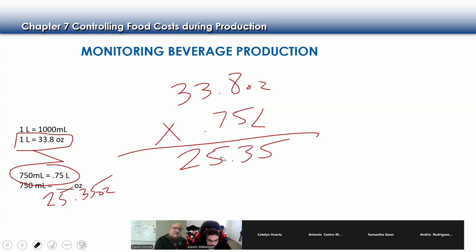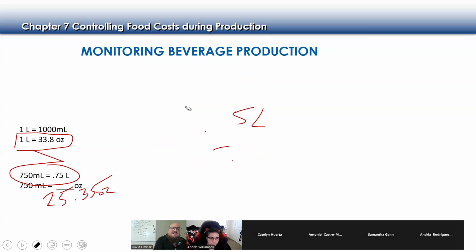Can we round this up to 25.4 ounces? Why not? We can't call it 25.4 ounces, because we can't create liquid out of nothing, right? We can't round up. So 25.35 ounces, okay?